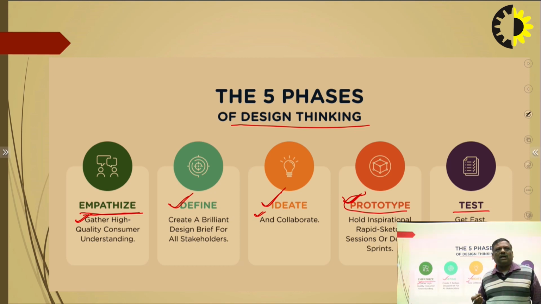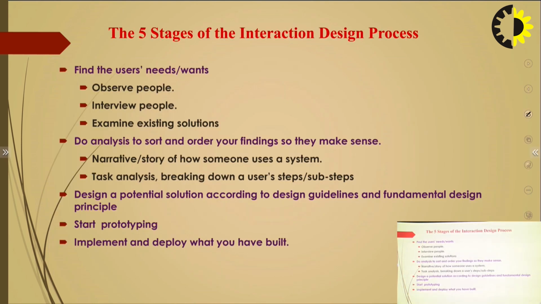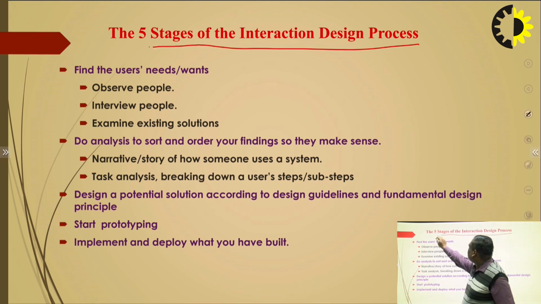We test our design. After the design and coding, we test the software for the client side as well as the user side, both sides. The next one, 5 stages of the design process.